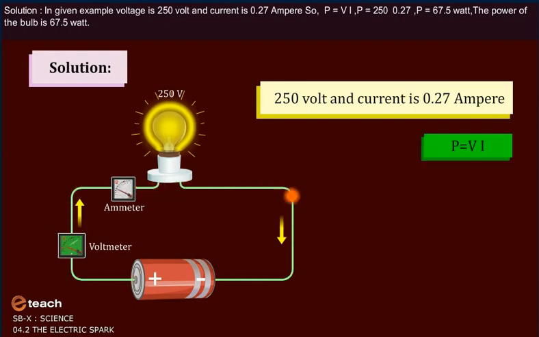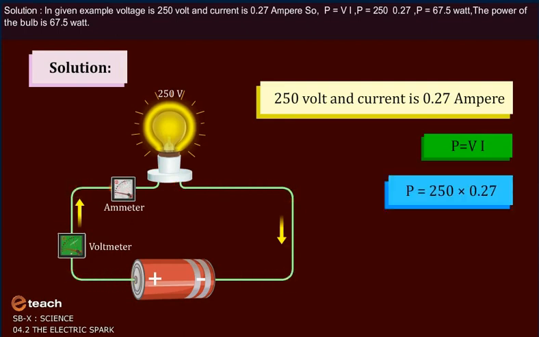So, P is equal to VI. P is equal to 250 into 0.27. So, P is equal to 67.5 watt. And the power of the bulb is 67.5 watt.